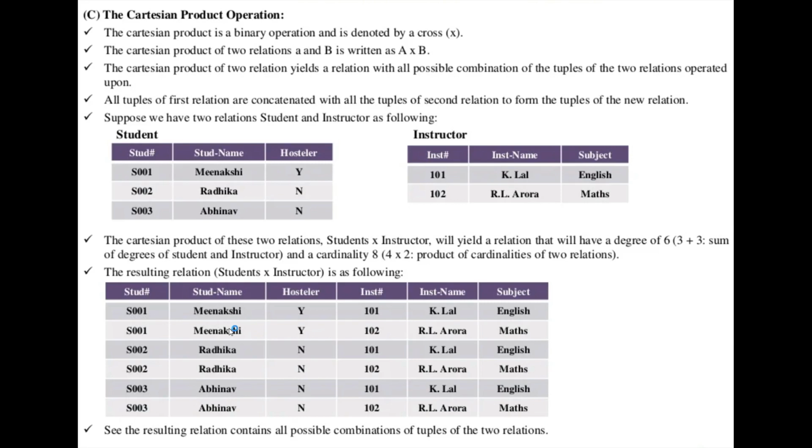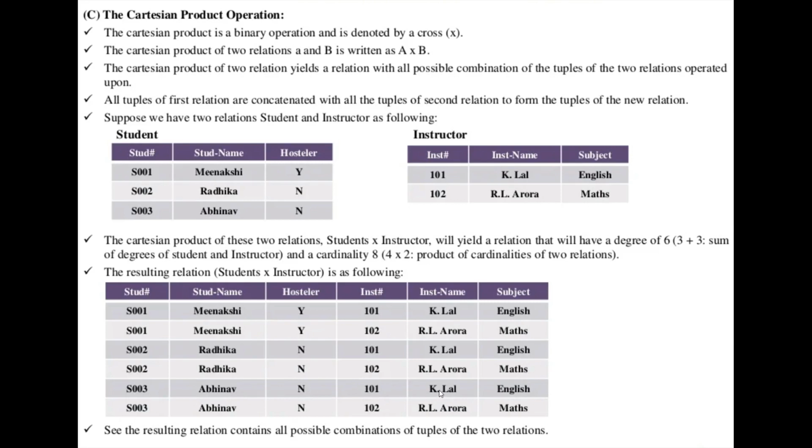S001 मीनाक्षी 2 बार रिपीट हुआ है क्योंकि वो मल्टीप्लाई हो रहा है 101 और 102 से. वैसे ही S002 राधिका 2 बार रिपीट हुआ है क्योंकि वो कंकैटिनेट हुआ 101 और 102 से. S003 अभिनव same ways concatenated to 101 and 102.